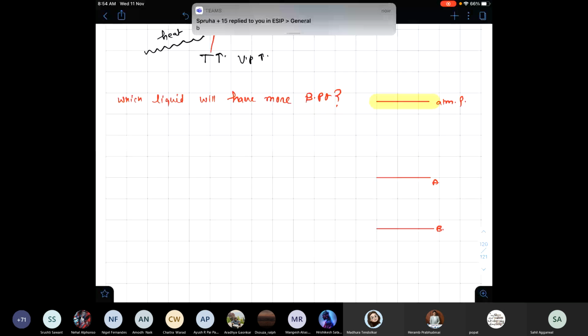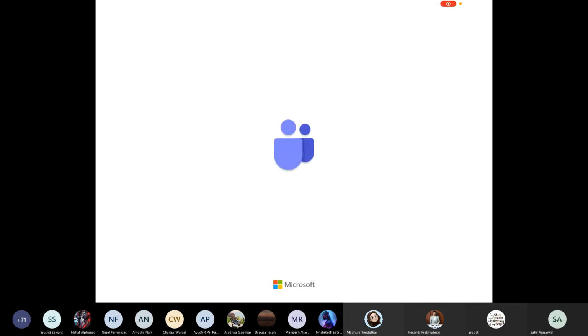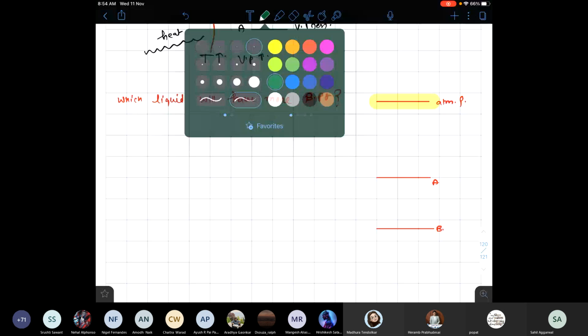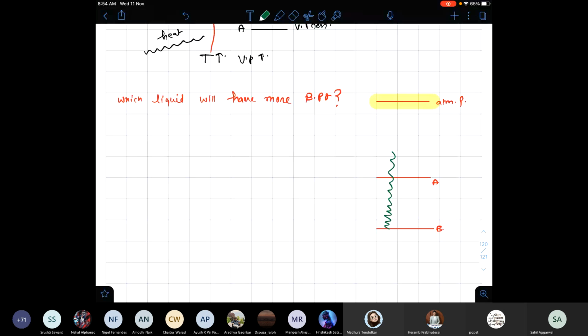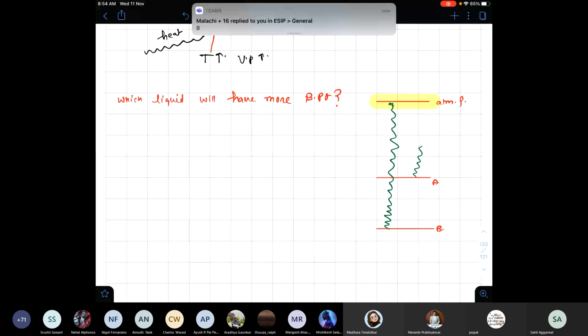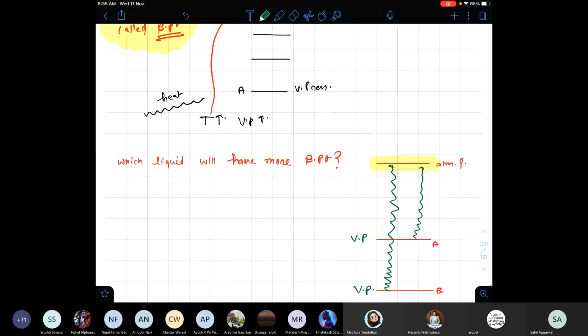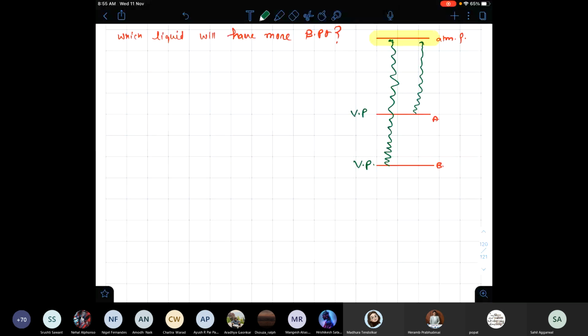Definitely B. इसको ज़्यादा heat करना पड़ेगा, इसको कम heat करना पड़ेगा. So can we say vapor pressure is inversely proportional to boiling point?